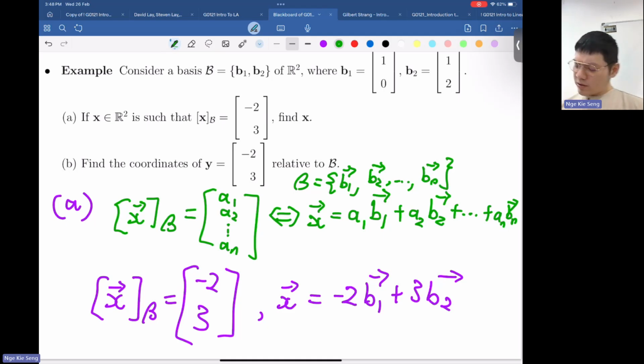So what you need to remember is the coordinate vector is the address for this vector inside the basis B.